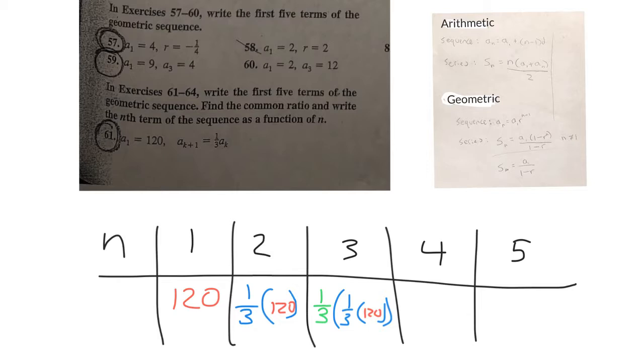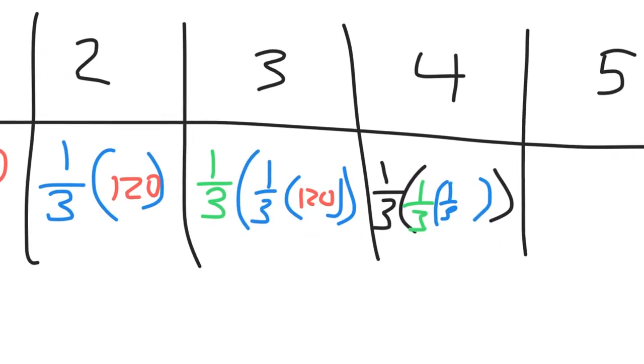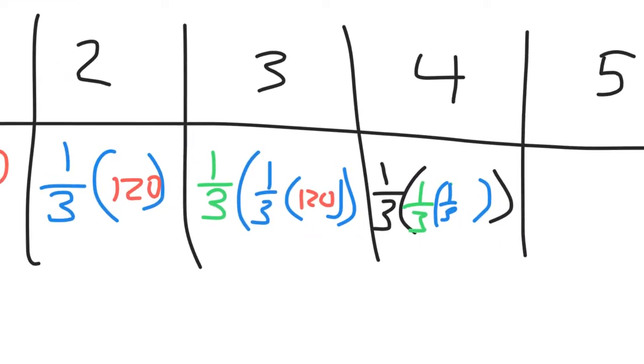Let's be thorough. This number will be 1/3 of what came before. Well, what came before? It was 1/3 of 1/3 of. Let's blow this up. 1/3 of 120.